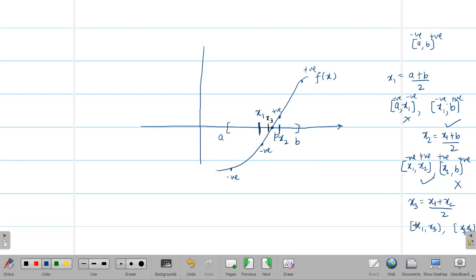At x3 it is negative and at x2 positive, so you take the interval x3 x2 and again take the midpoint. This way it approaches the root. This is how bisection works. It is a very slow process, no doubt, but still it will give you the root.